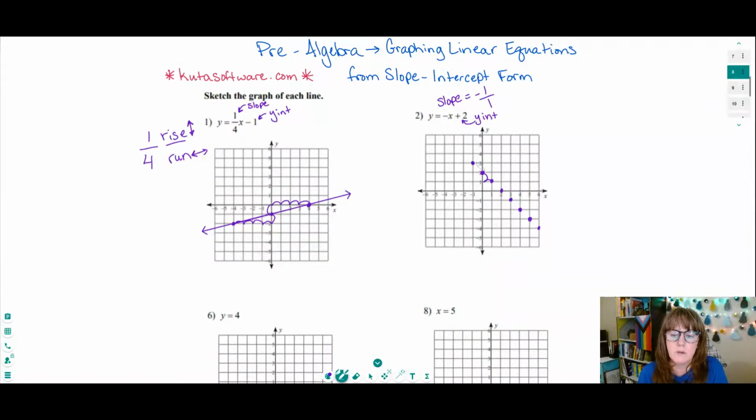Then we can go in the other direction as well, up one, to the left one. And our line is going down and to the right. As we go to the right, it goes down, so that matches up with our negative slope. We talked about that last week: when we have a negative slope, it is pointing down as we go to the right. Okay, so we have graphed that linear equation as well.